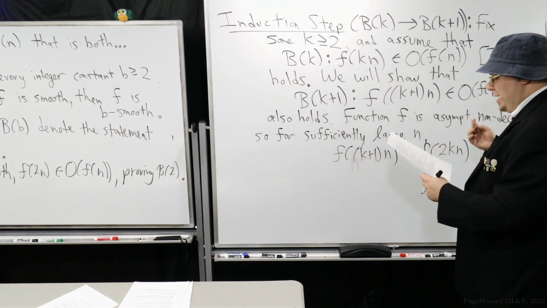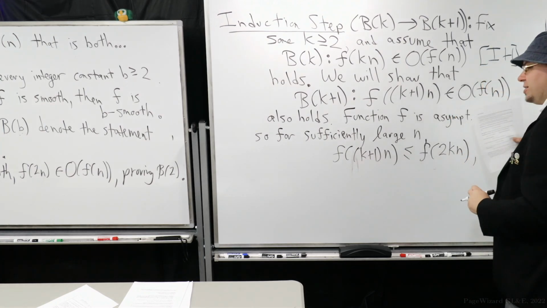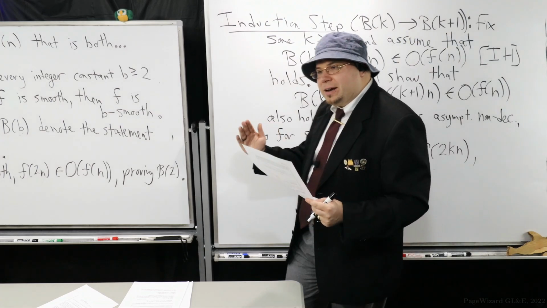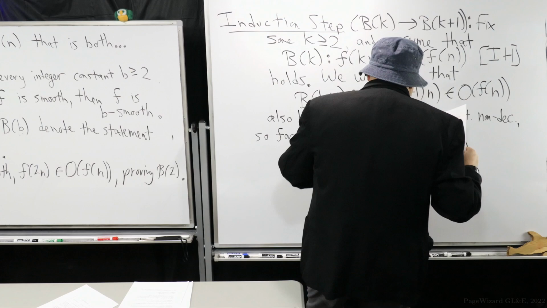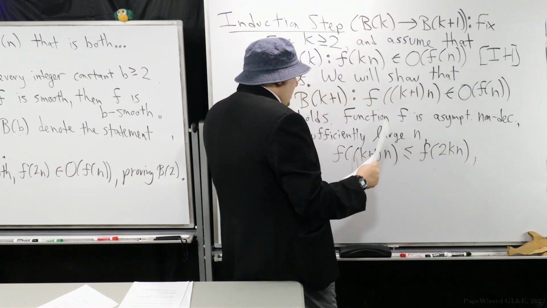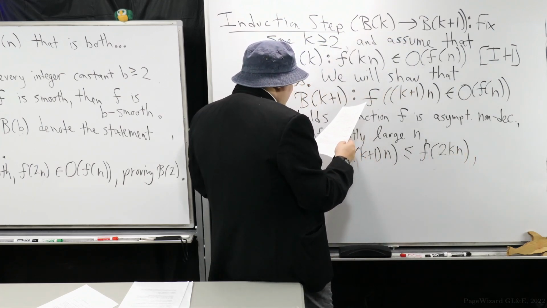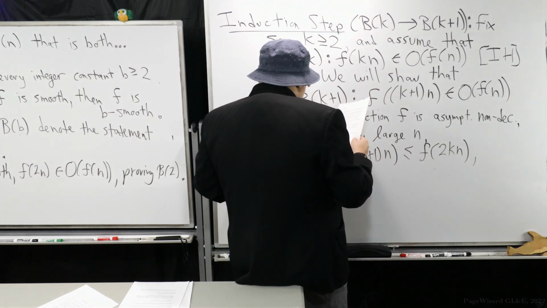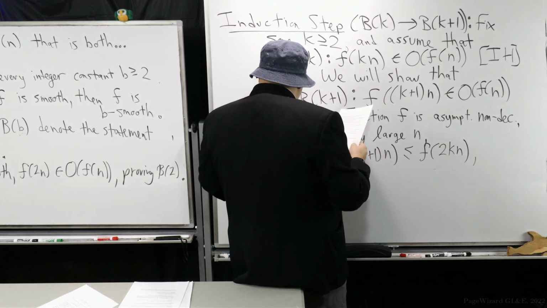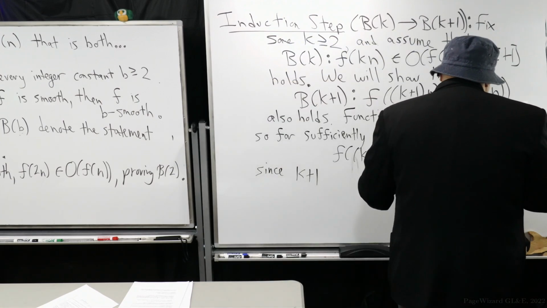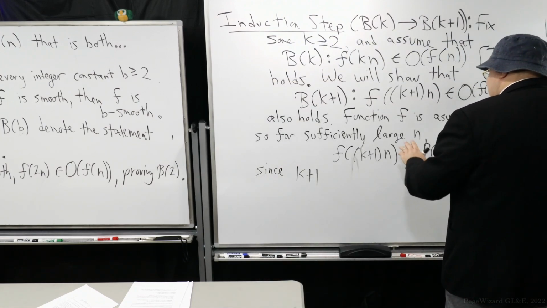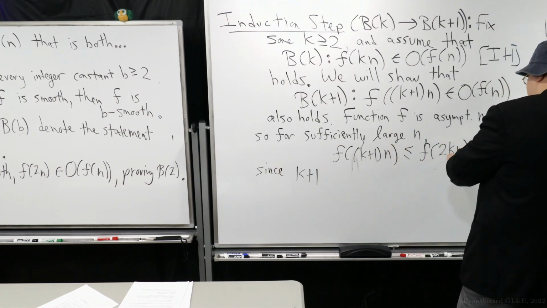So watch how I get this. Because remember, it's asymptotically non-decreasing. Remember, the shape of the function will be that it goes up or it gets flat. So watch this. I'm just going to look at their inputs because that's what an asymptotic non-decreasing function allows me to do. Since k plus 1, remember that's this right here. Remember, it's k plus 1 times n, 2k times n, right?